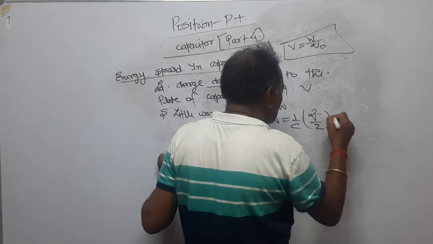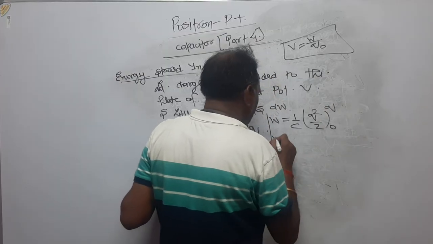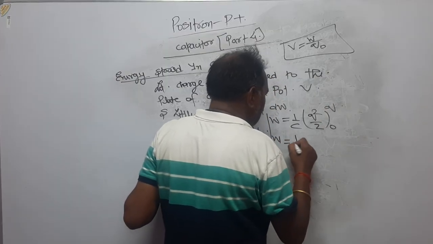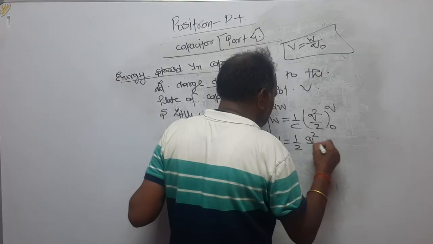And if you replace the limits, then it is half Q square over C.